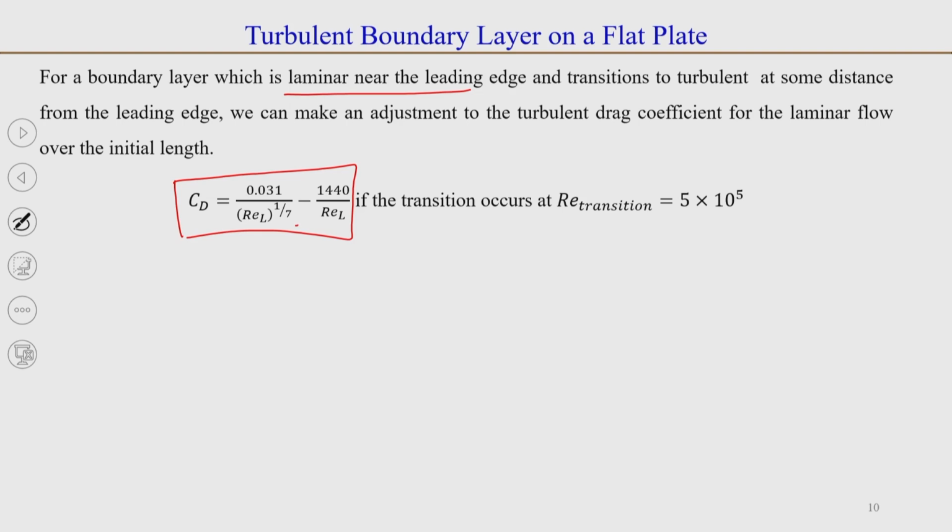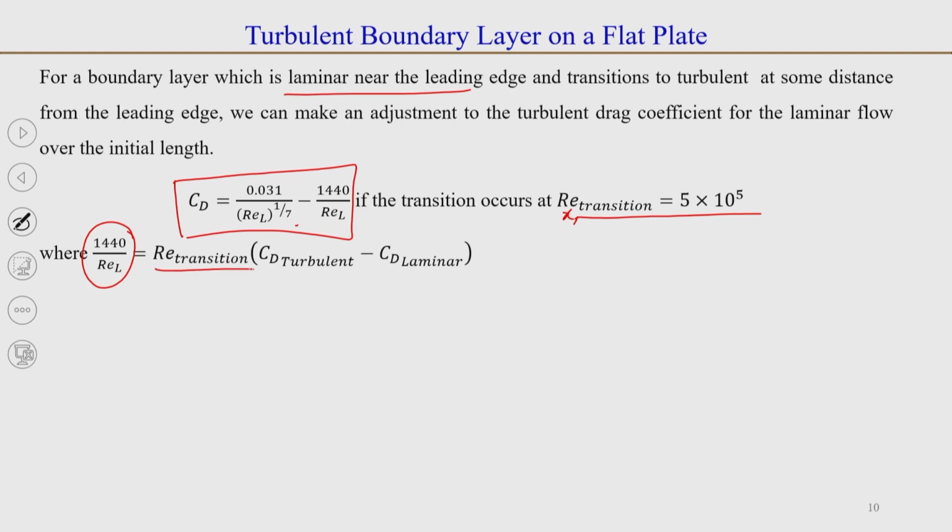divided by REL, and here the assumption is that the transition starts at Reynolds number REX of 5 into 10 raised to the power 5. Now, this 1440 by REL, actually it should have been divided by REL.